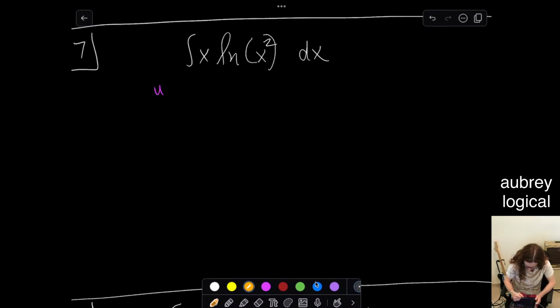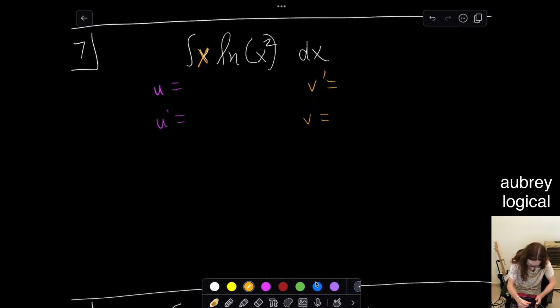So first thing we do again is find what we're going to choose as u and v. Now these represent functions, and right here we have functions.